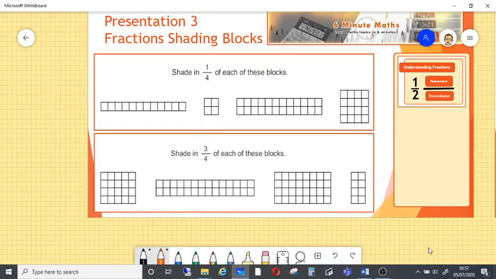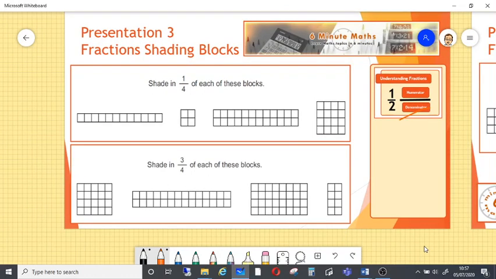So the first one's asking for a quarter, same thing. We divide by the denominator times by the numerator. So that second box, 4. 4 divided by 4 and times by 1 equals 1. 4 goes into 4 once, so 1/4 of that box of 4 would just be 1 box. This one here, we've got 8, 12, 16.